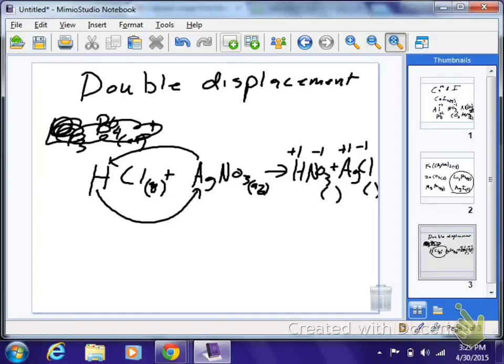I will do this reaction for you, okay, and show you what is going on to see if there's anything that is going to happen. So I'm going to take HCl and AgNO3, and we'll get a test tube. We'll put the Ag in it.